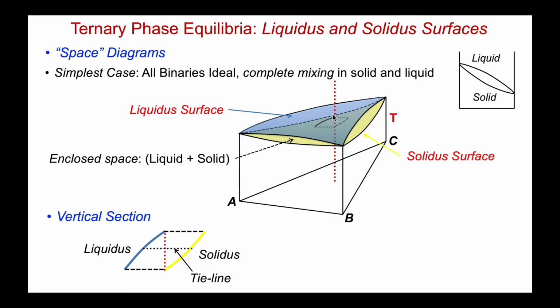As we cool, the liquid follows some path on the liquidus, the solid does the same on the solidus surface, and a vertical section would look something like this. Here's my overall composition. This is then temperature in this direction. Here's my liquidus surface projected, here's my solidus surface projected, and the compositions follow the two respective surfaces. And they're joined at any particular temperature by a tie line.